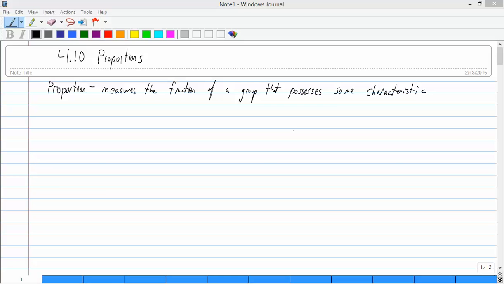Alright. Your book goes through an example and says, suppose your statistics class is composed of 48 students, of which four are left-handed. So let's say we had 48 students in our class, and 4 of those students were left-handed.